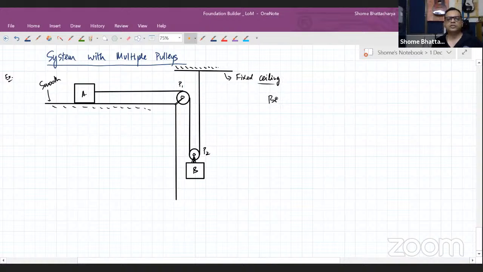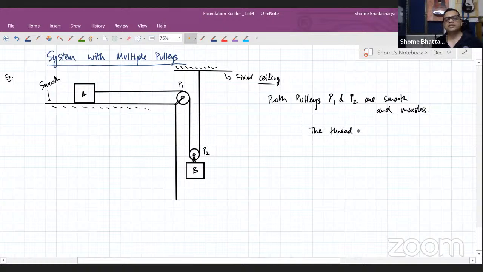So again, both pulleys P1 and P2 are smooth and massless. The thread is massless. Okay. And as usual, inextensible also. It cannot extend. That's always the case. We are always considering inextensible threads here.